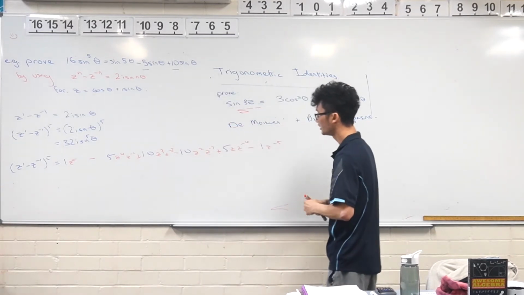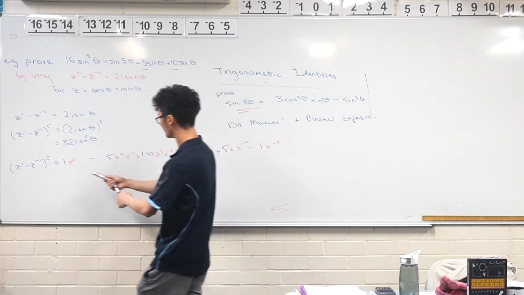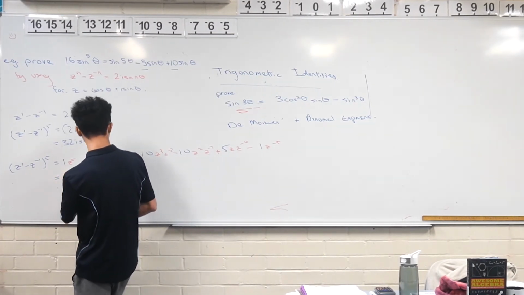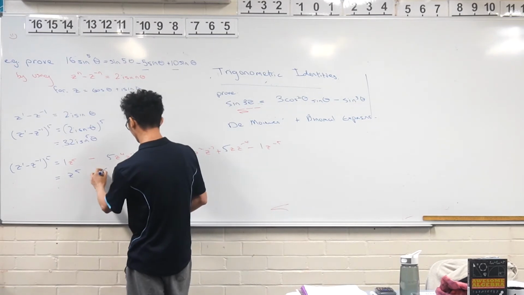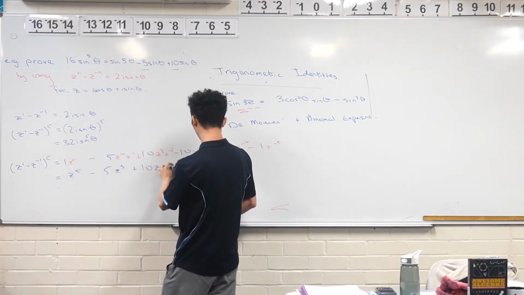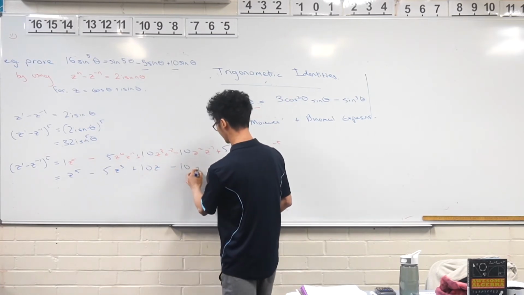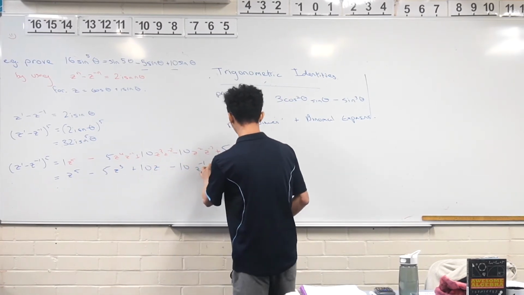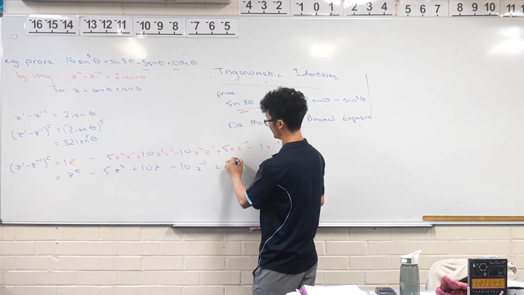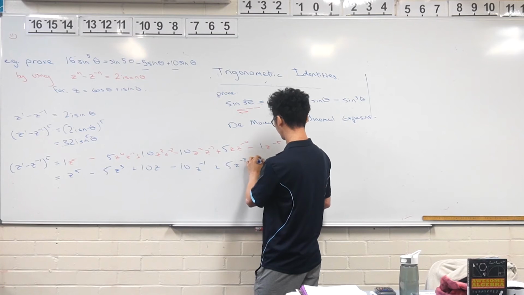That looks good to me. Then we can simplify this out a bit more. That's just z^5 - 5z^3 + 10z - 10z^-1 + 5z^-3 - z^-5.